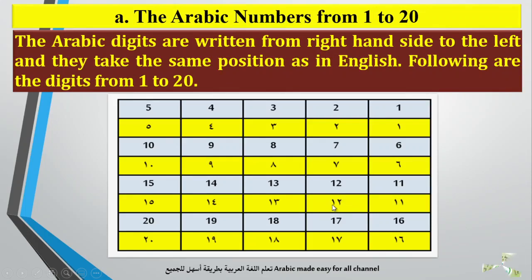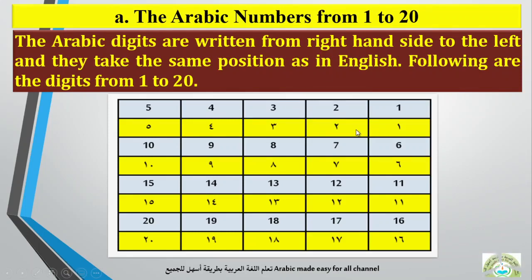And here 13 also, 18 also, you can see 1 is written at the left side and 8 is written at the right side. So in this way we write the Arabic digits the same way as we write in English. Friends, you can see I have given here the Arabic digits and the English also.